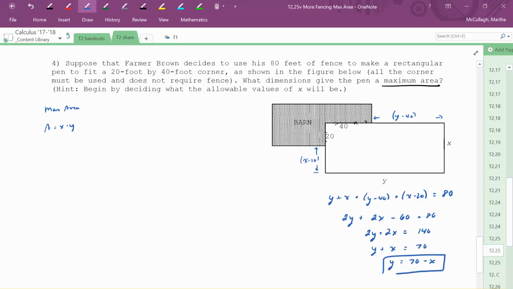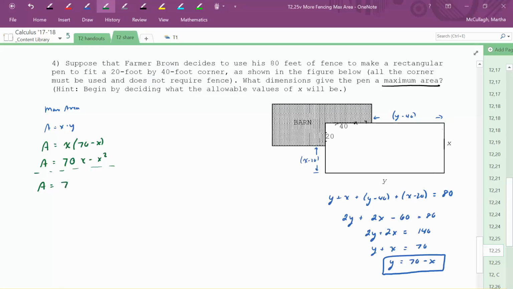Important equation. So come over here to the equation that we're going to want to maximize, and we'll use the substitution. A equals x times 70 minus x. Distribute. A equals 70x minus x squared. We know we need to take a derivative.